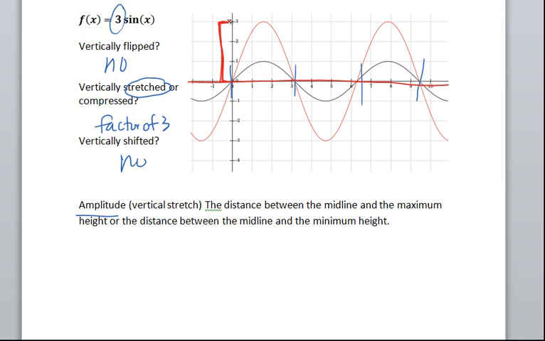It's an absolute value. It's always positive. You could think of it as the distance between the midline and the max, or the midline and the min. Either way, it's a distance of 3. That's what that number 3 in terms of vertical stretch is referring to. So that's amplitude.